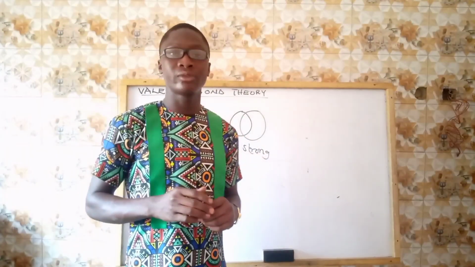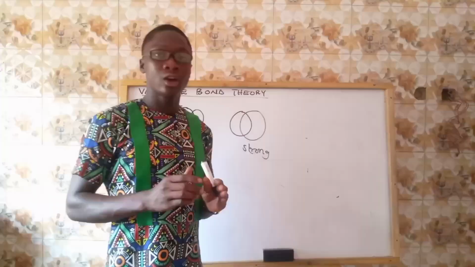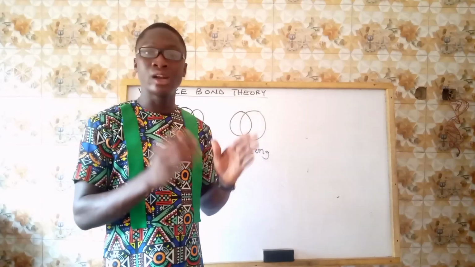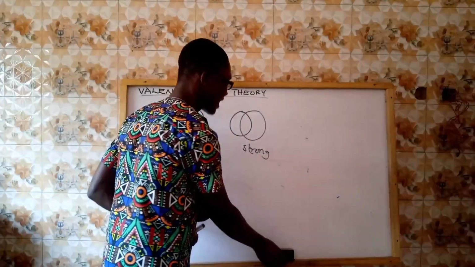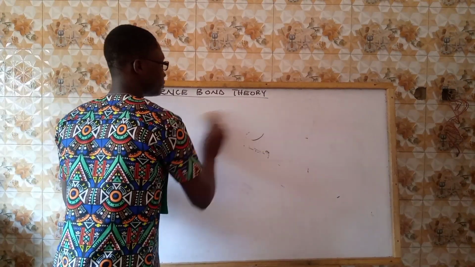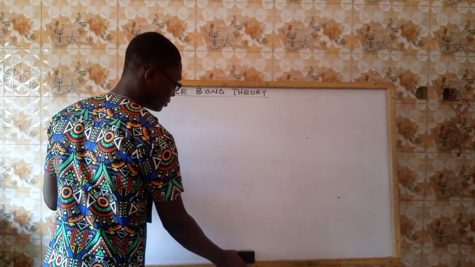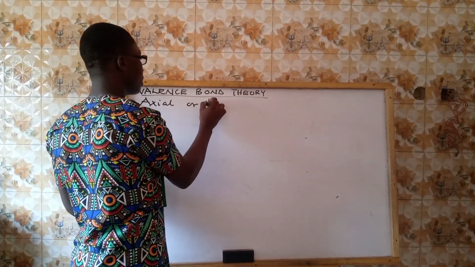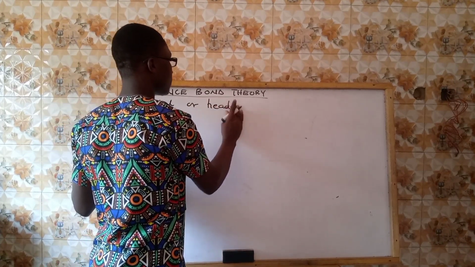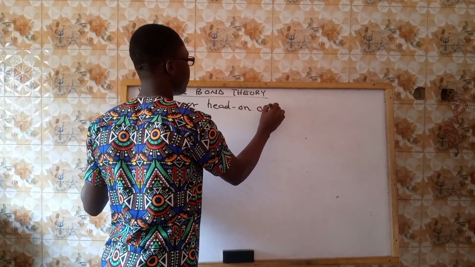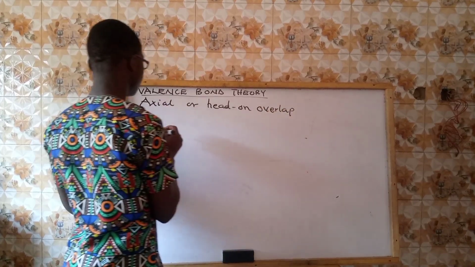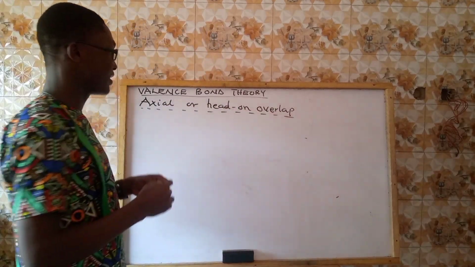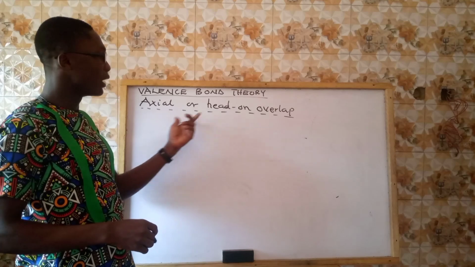So we have 2 types of overlap: the axial or head-on overlap, and also the parallel or side-by-side overlap. Let's first take the axial or head-on overlap.